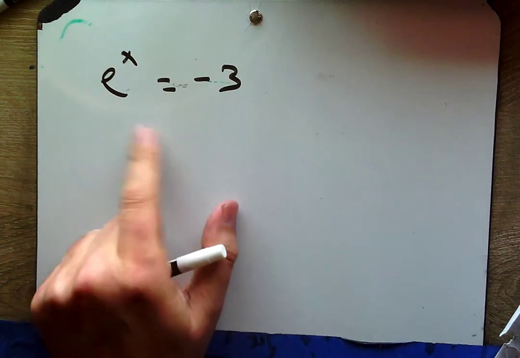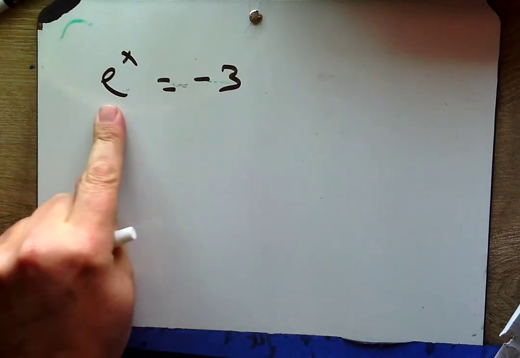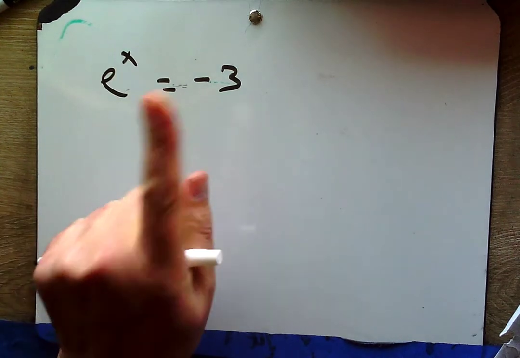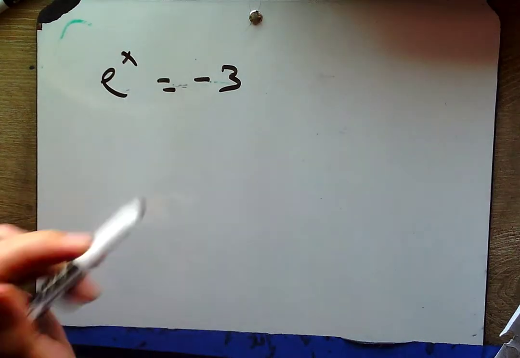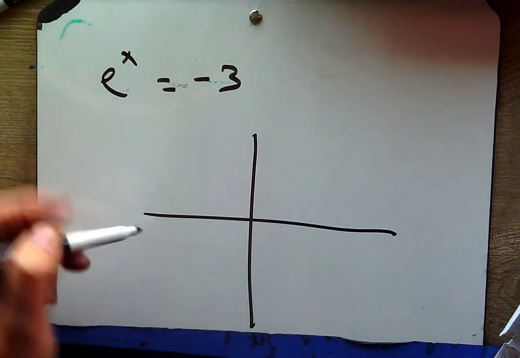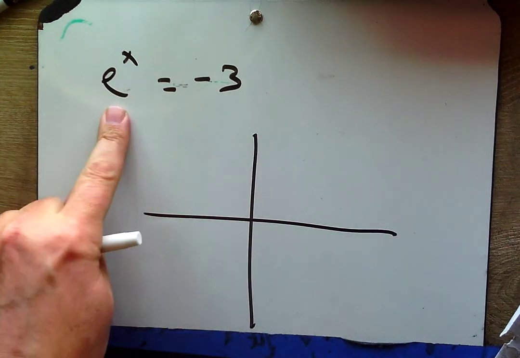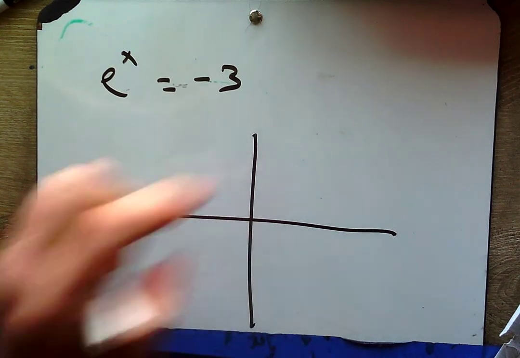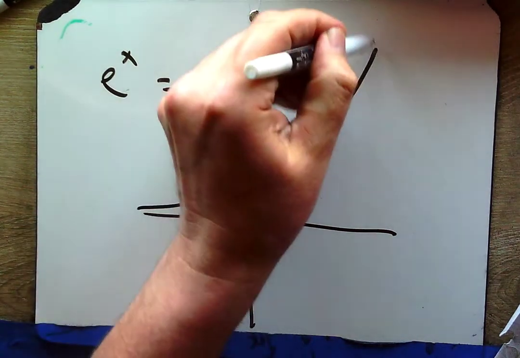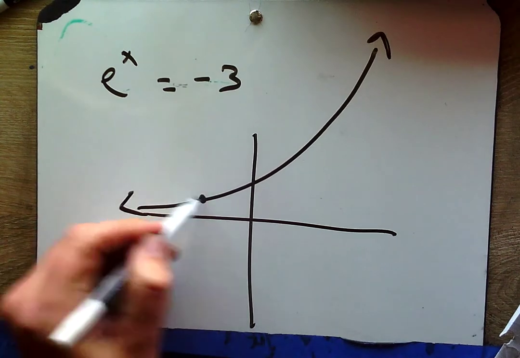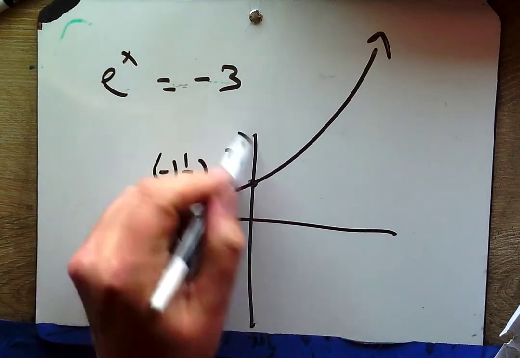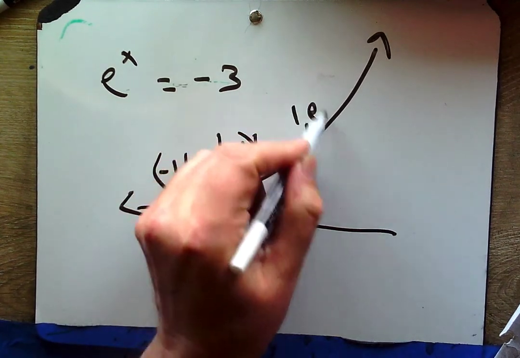I want to think about this graphically for a moment. Over here, I have an exponential growth curve, and here I have a horizontal line. This problem is asking, when does that exponential growth curve intersect that horizontal line? Well, here's the exponential growth curve that passes through (-1, 1/e), (0, 1), and (1, e).